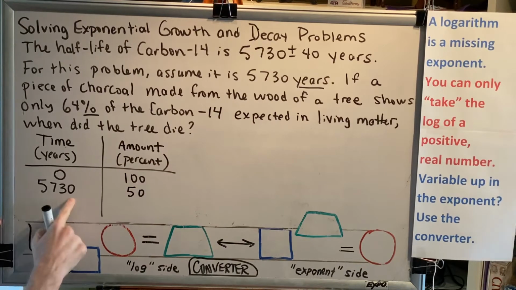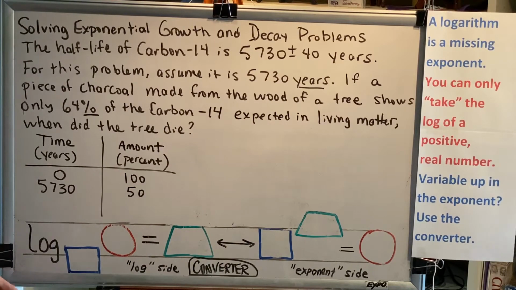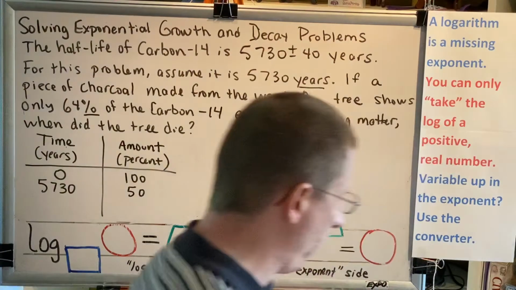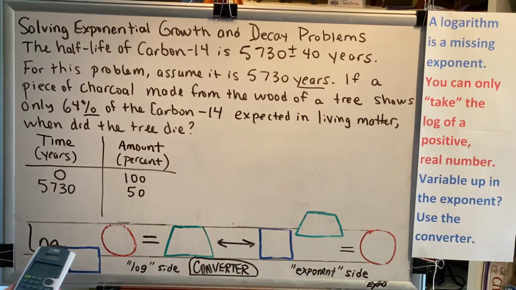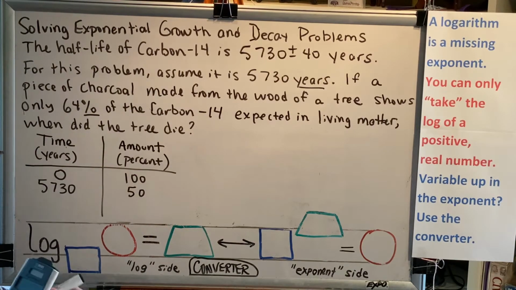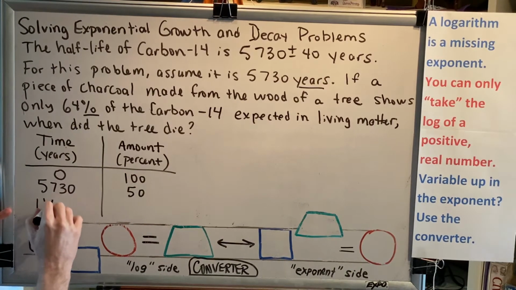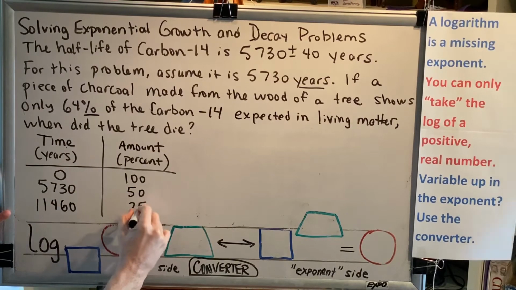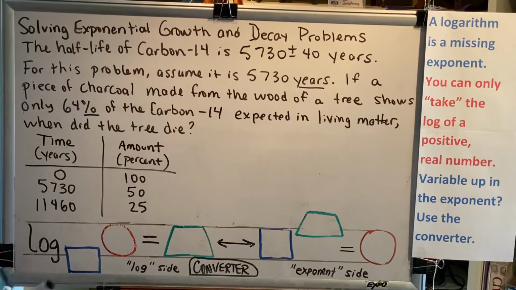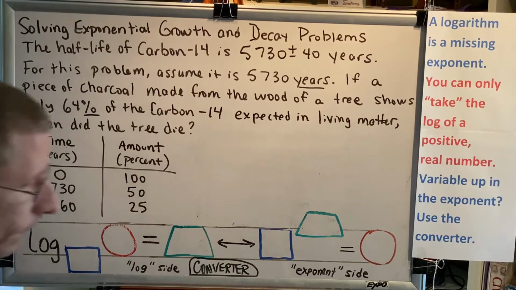And when another 5,730 years go by, so we'll add this with our calculators, 5730 plus 5730, that's 11,460, then it will be half again, which will be 25% of the original amount at the moment of death.